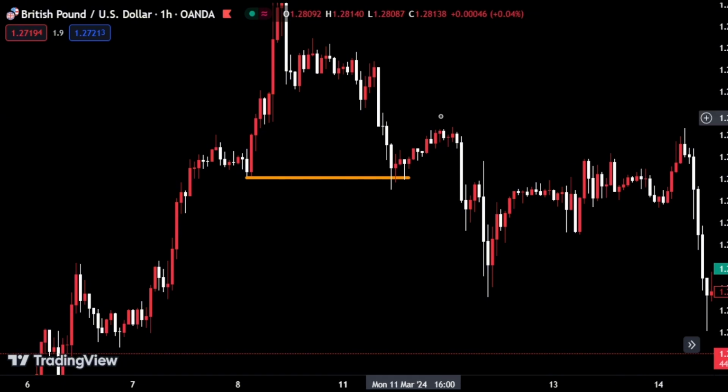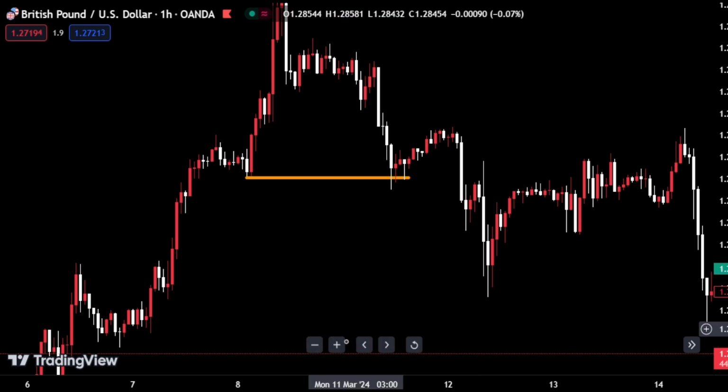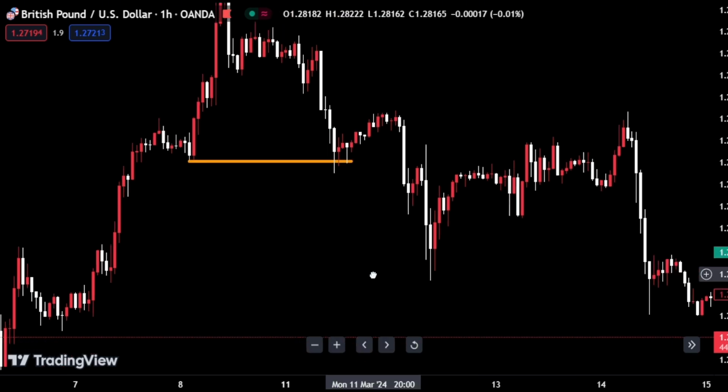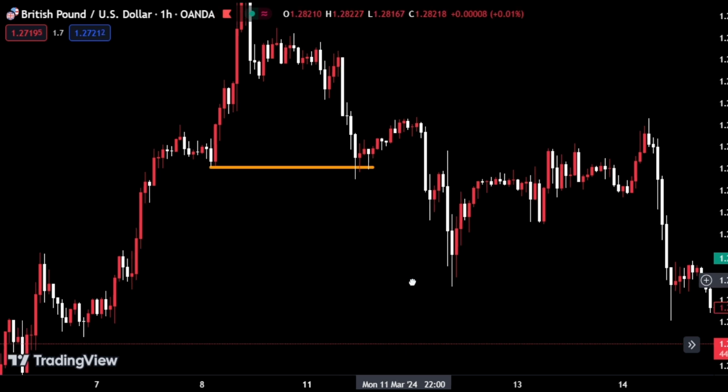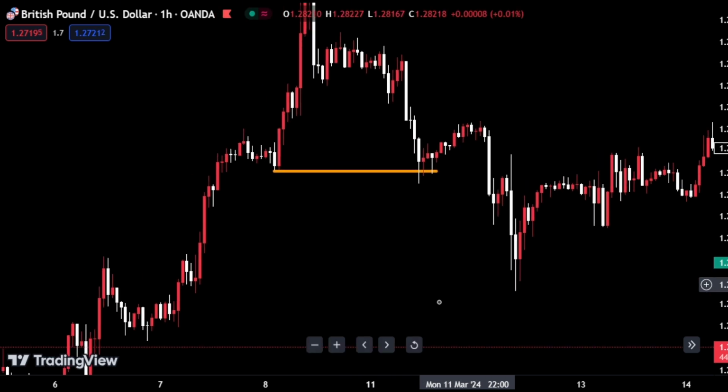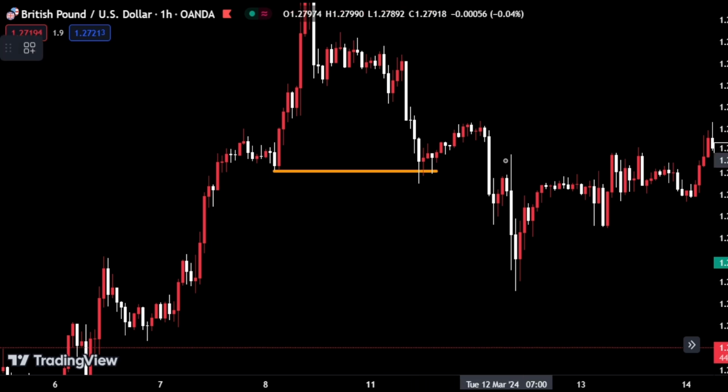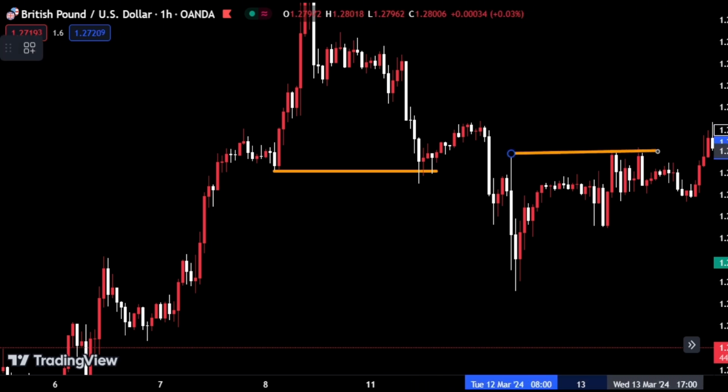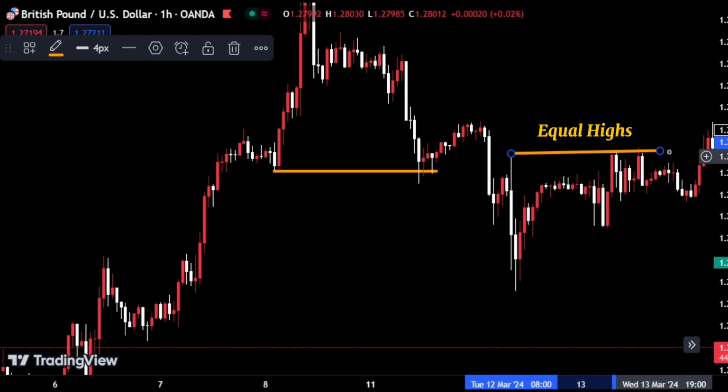The market respected it by falling all the way down to this area before we have our corrective move to our supply zone, our order block. So right now, I want you guys to look at this area where we have our equal highs. That is an example we have looked at, but we did not look at it on the main chart.